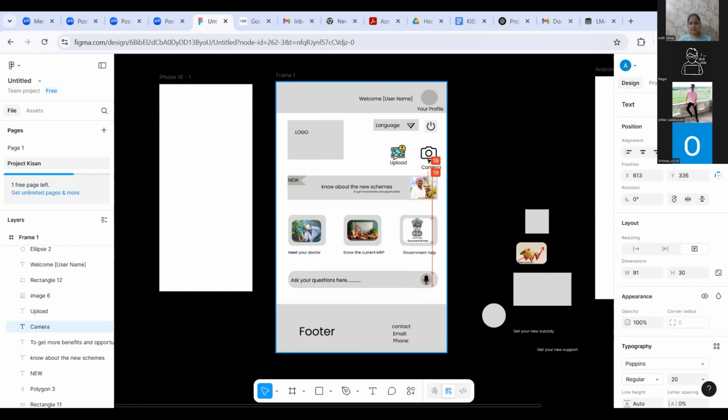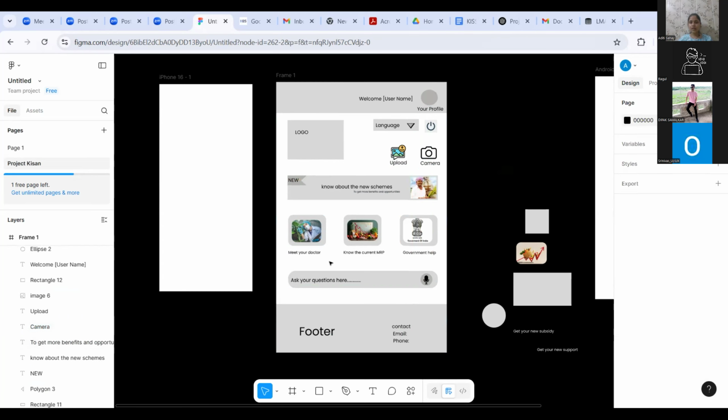If they click Meet Your Doctor, a new page should open where they'll get the option for upload and camera, and then they can upload pictures or use the camera for image detection, and then they'll get answers accordingly.